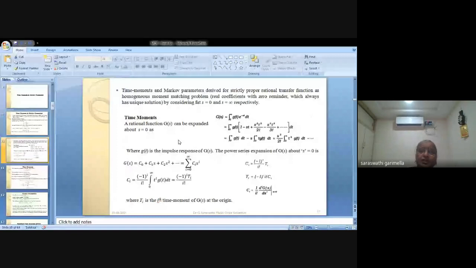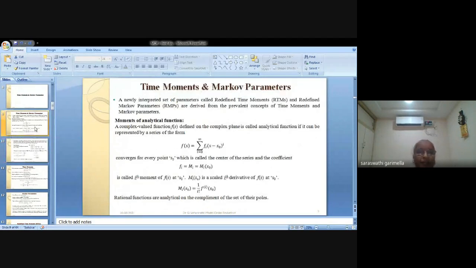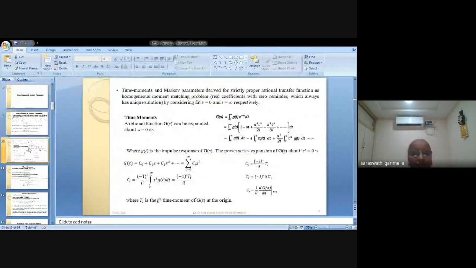This type of comment we have to face. So we have to be careful that we should start from the fundamentals. That's why I explained from analytical functions what these are, and it may look odd to understand, but I wanted to explain this in this way.